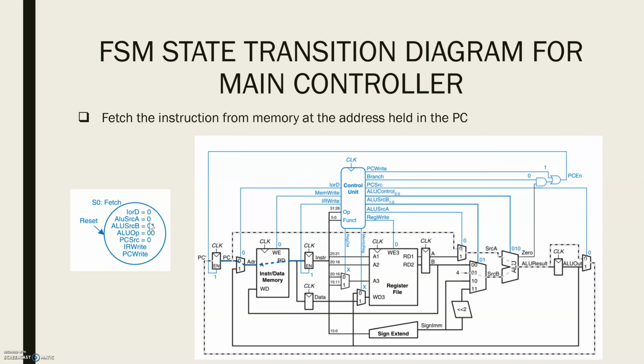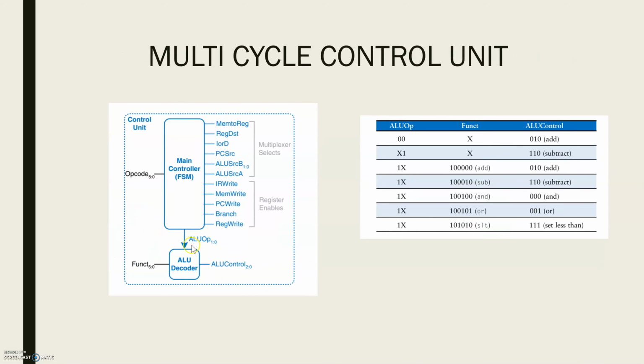ALUSRC-A is 0, so the source A comes from the program counter. ALUSRC-B is 0, 1, so the source B comes from the constant 4. And ALU OP value will be 0, 0, so that the ALU decoder will produce the ALU control signal with value 0, 1, 0, which makes the ALU add.